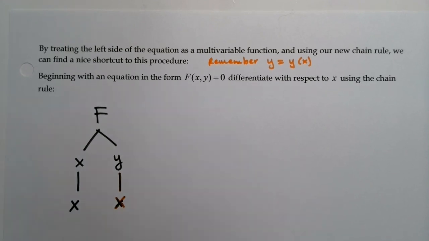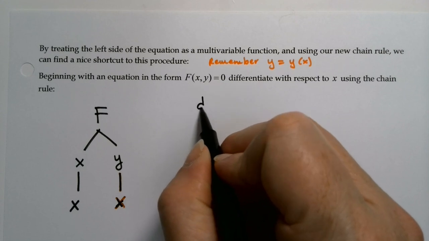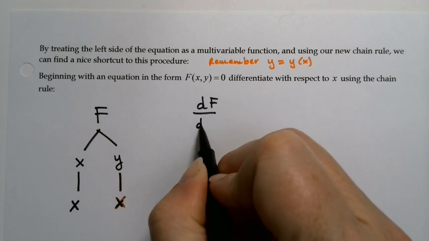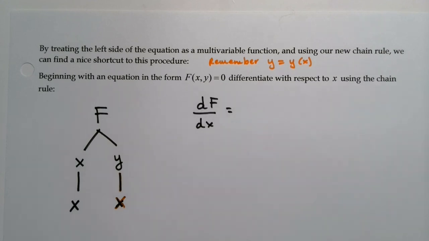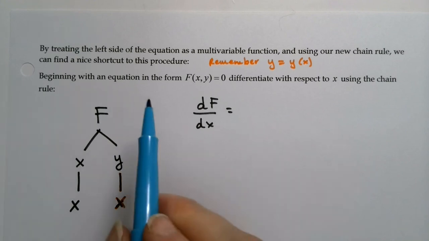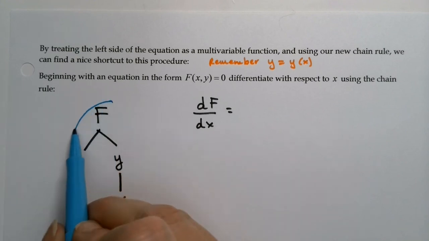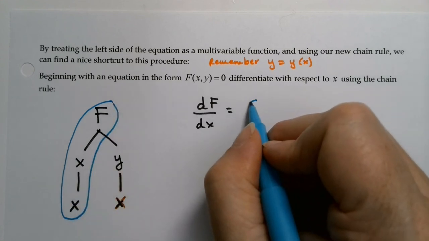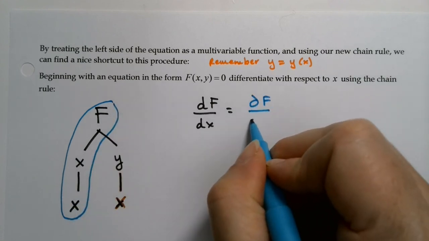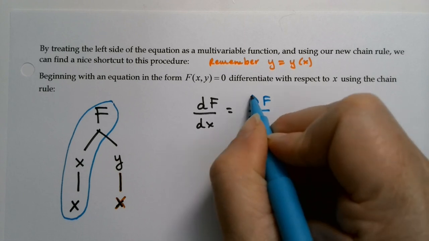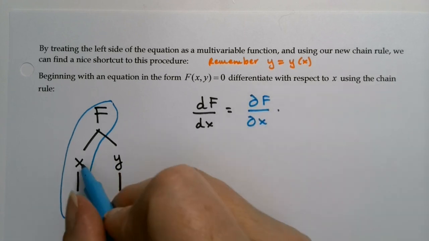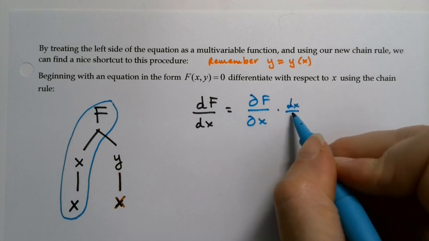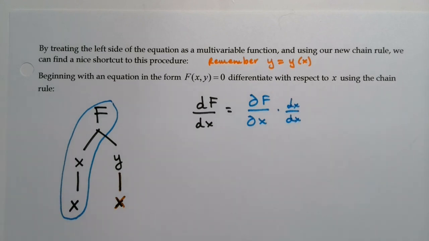Okay, so now how in the world does that help us? Well, if I want the derivative of f with respect to x, let's go down this side. I would take the partial derivative of f with respect to x, and then, of course, dx dx, which disappears.